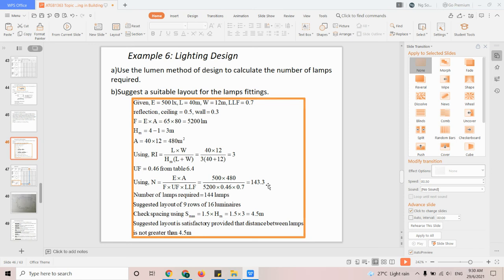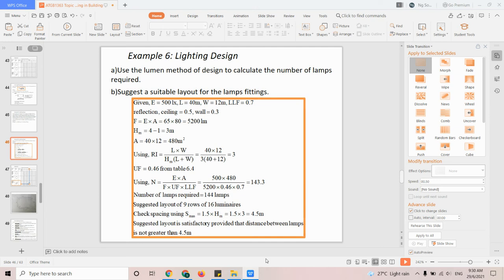So what you do here, similar to your previous example, is round up the number of lamp. Even though this is less than 0.5, always round up for a physical object. You cannot have less.